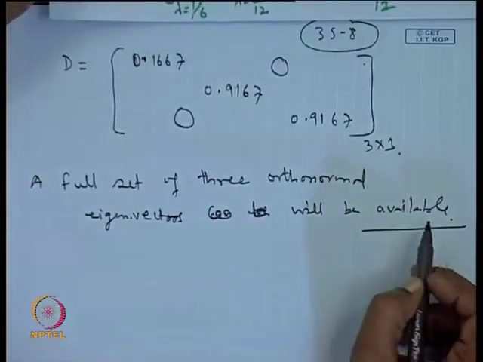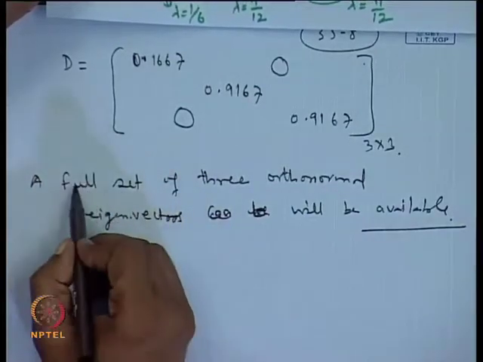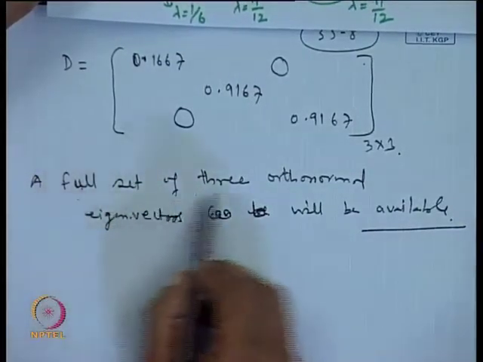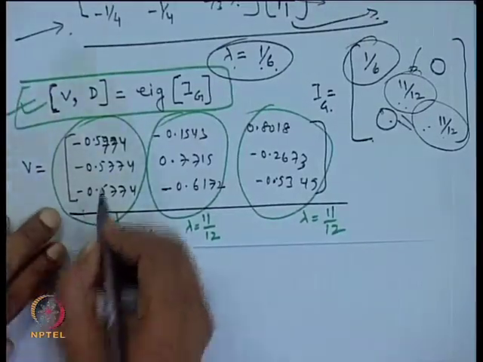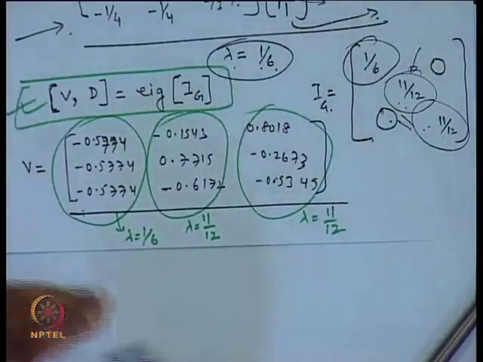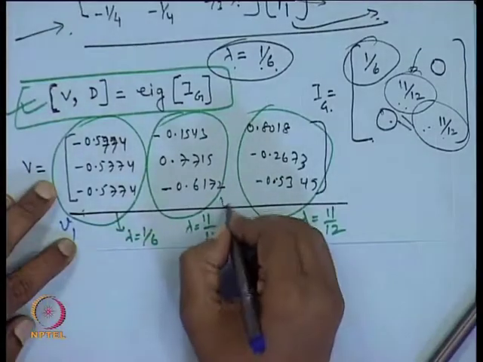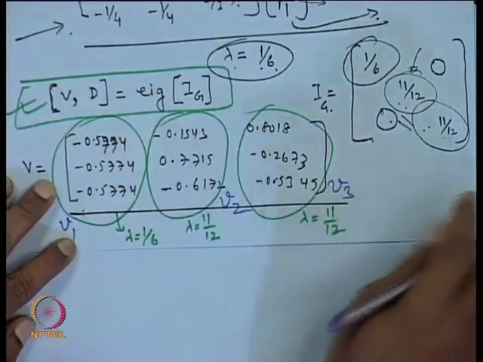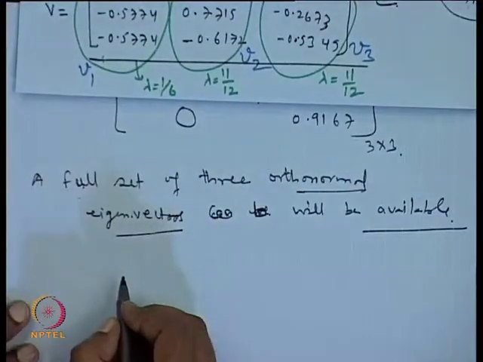So, a real symmetric matrix will have a property which states that it will have a full set of 3 orthonormal eigenvectors. So, this implies that the eigenvectors that we are getting here, let us say this is nu 1, this is nu 2 and this is nu 3. So, here nu 1, nu 2, nu 3, these are the eigenvectors.